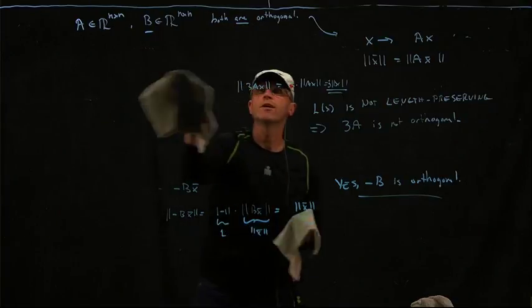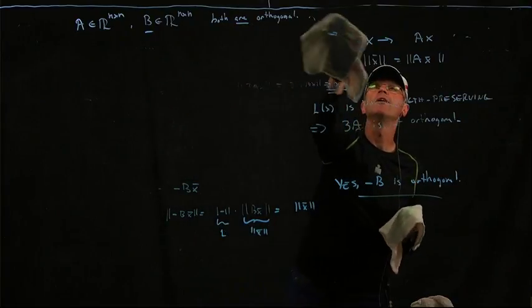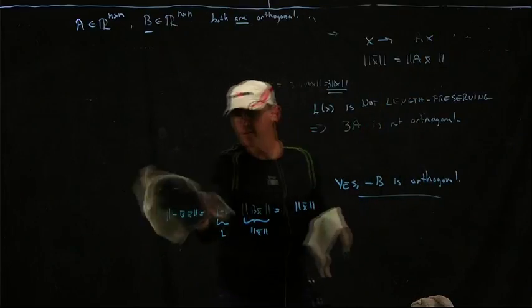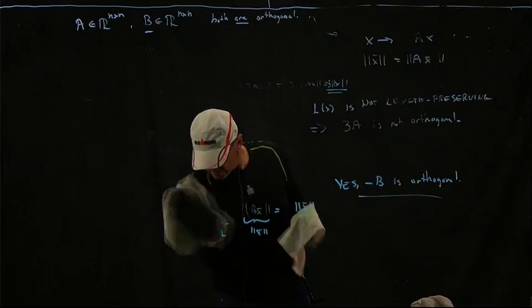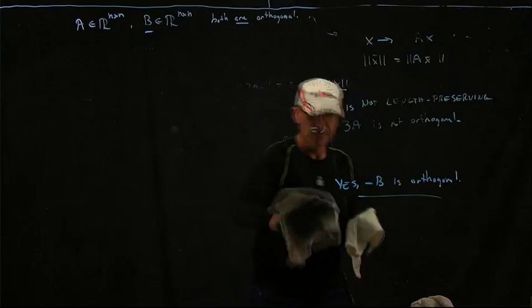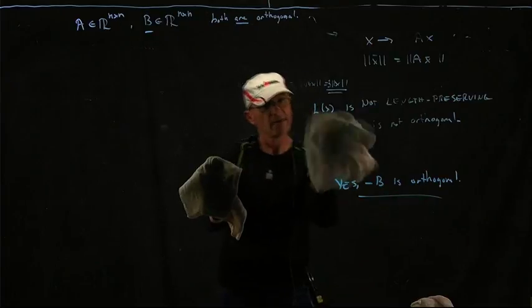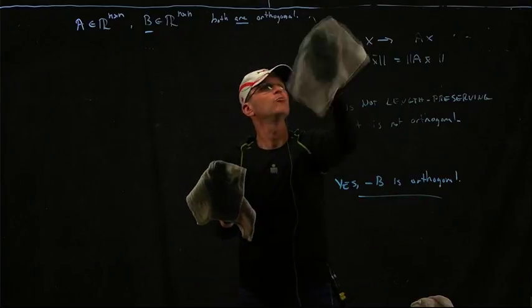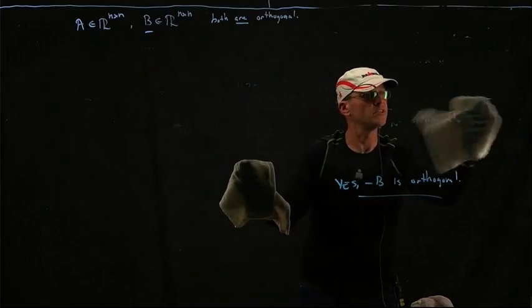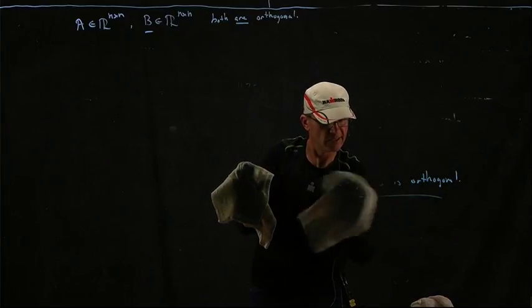The A matrix is symmetric, so A transpose equals A, and the B matrix is invertible, so B inverse exists.